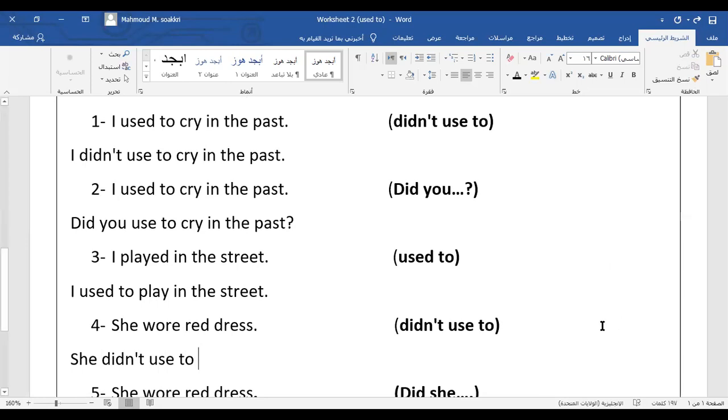Look here, Ziad. I'm going to help you with verbs here. Wear is verb 1 and wore is verb 2. So she didn't wear red dress. Excellent, Ziad. Thank you.